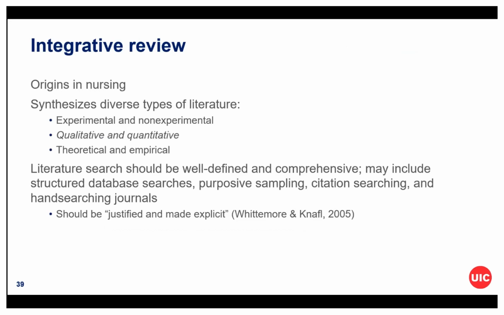And then the next one, because I work with nurses and I recognize a few of you out there, is integrative reviews. This is more in the nursing literature. I haven't seen many examples in other fields. These include qualitative and quantitative studies and have a structured literature search.